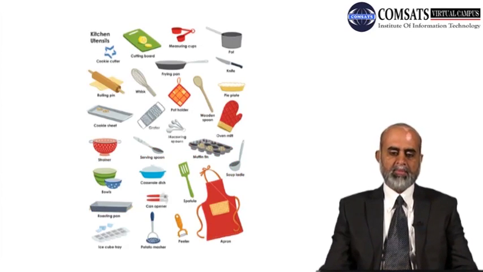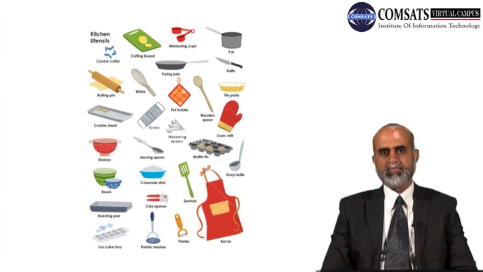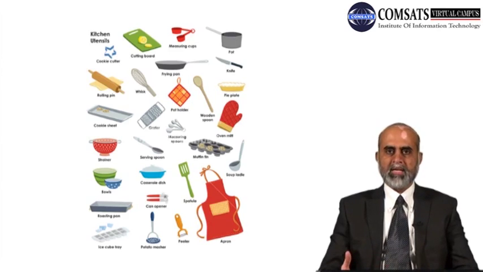Okay, if you can see, we have a star-shaped cookie cutter in the upper left corner of the screen, just under the words kitchen utensils. So a cookie cutter is basically a pattern.